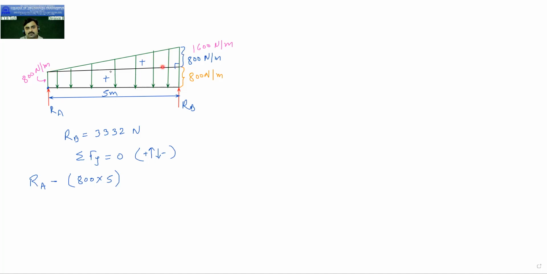The area of the triangle gives you the intensity of the load, that is the point load. So it is minus half into 5, the base of the triangle, and 800 is the height. Then RB is moving upward, so plus RB, which is equal to 0.